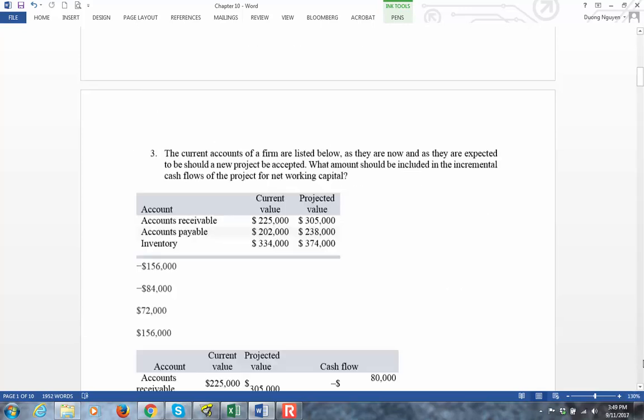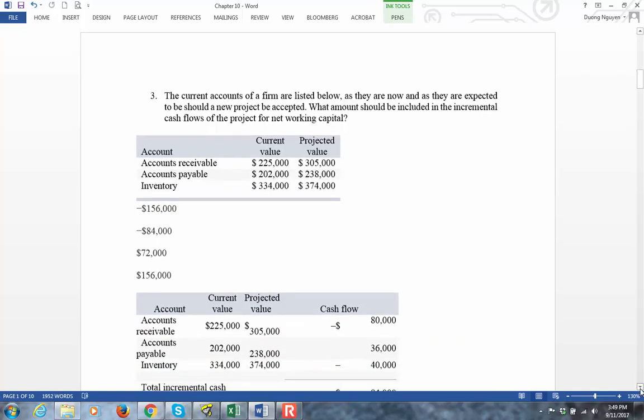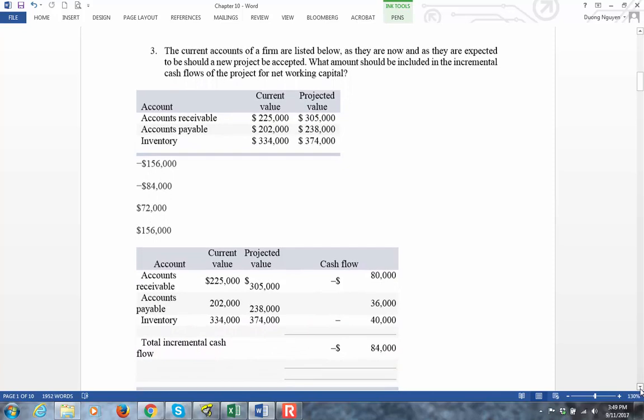Okay. Now question number 3. Very similar. At the beginning of the year, the current account receivable value is 225,000, and this is a projected value at the end of the year, 305,000, so increased by 80,000.